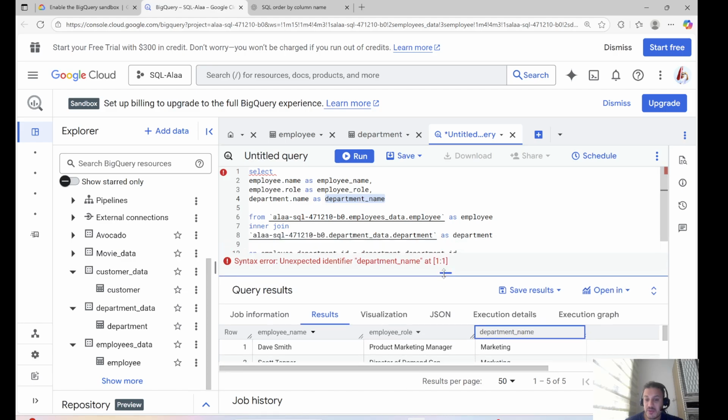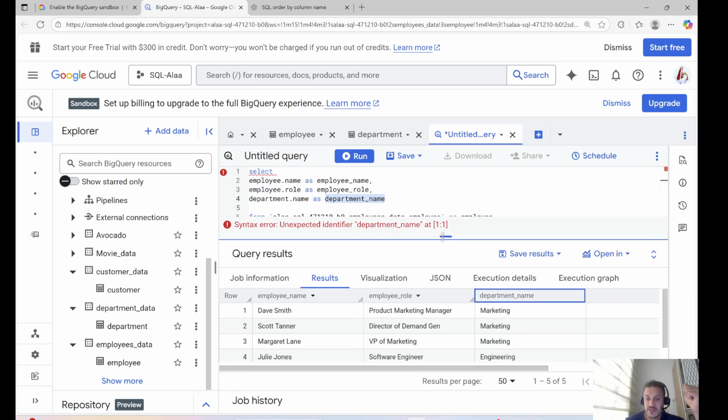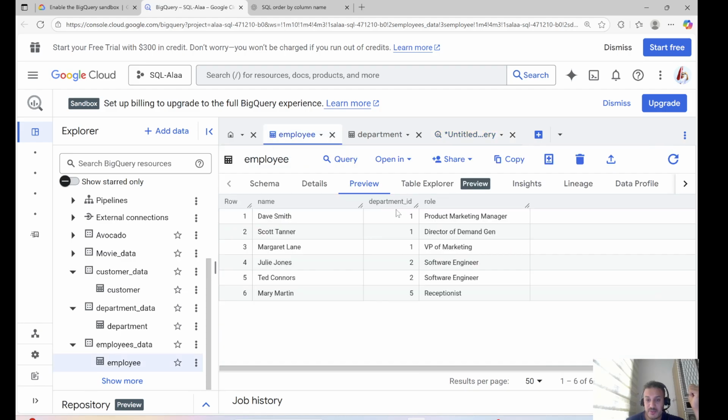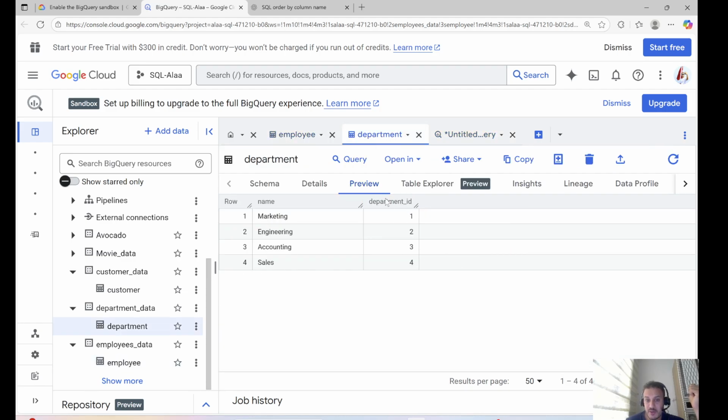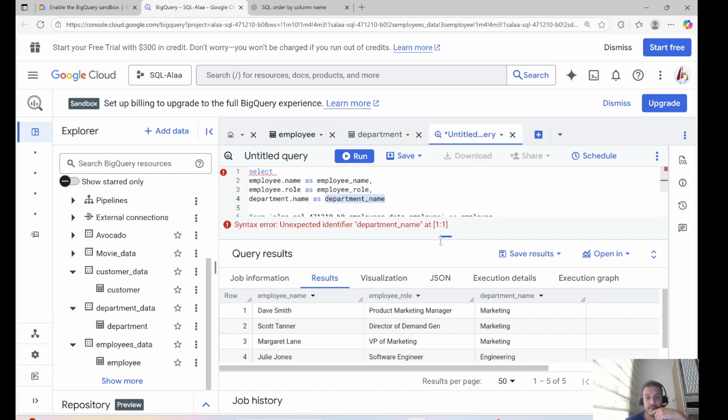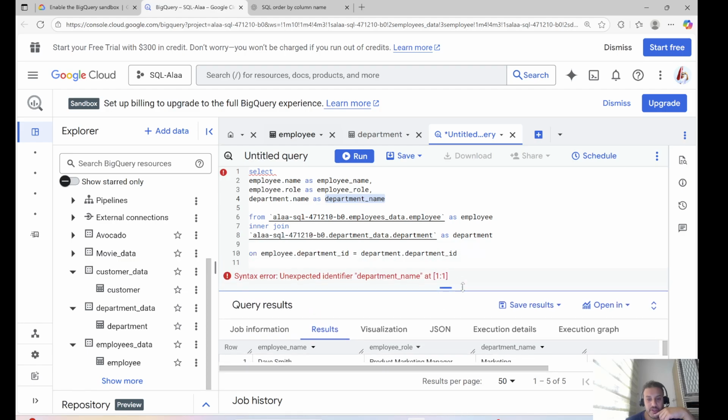We match depending on the department ID, the primary key and foreign key. So this is for inner join.